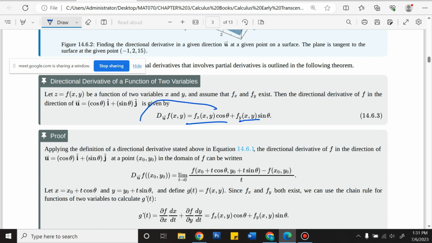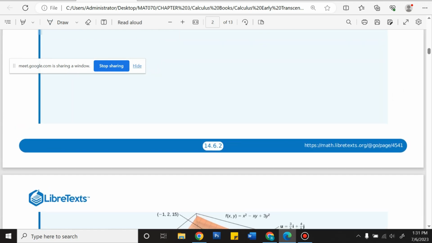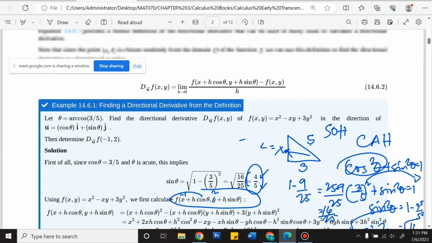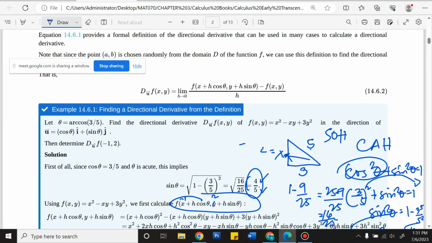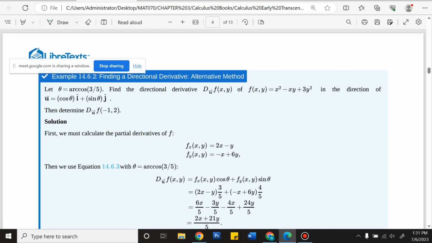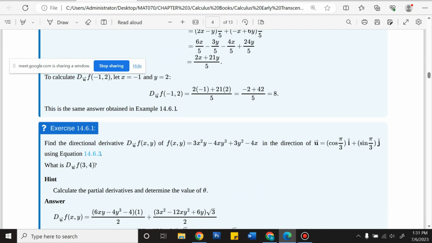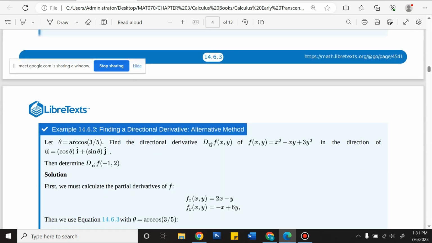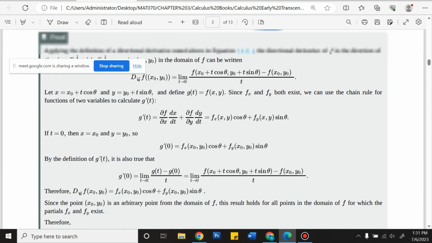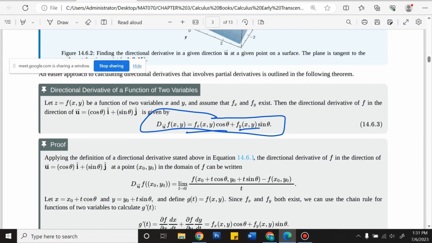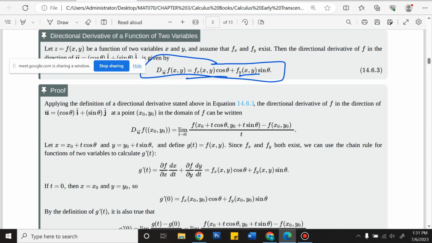If you use this formula or the formula above, by definition, you will get the same result. First is the formula by definition. And this other one is from the theorem. So, you can use the definition of the limit or you can use the derivative. Either way, you will have the same result.